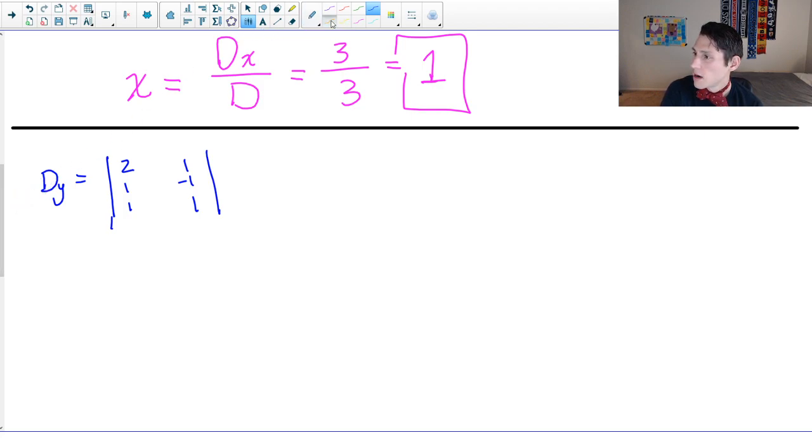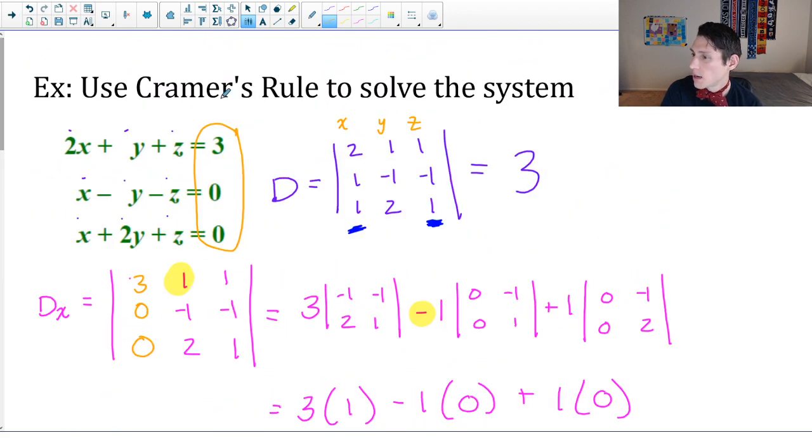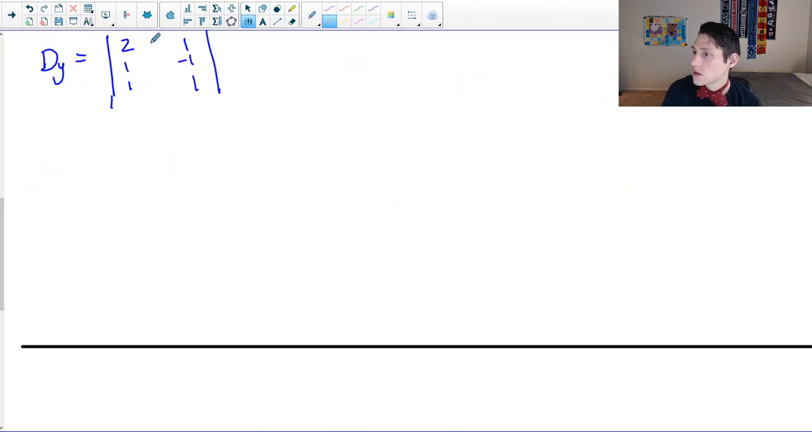But now I'm going to change the y column. Since we're doing dy, I'm going to replace the y column with that same thing that I replaced for the x column up here, 3, 0, 0, because that's the stuff that's on the right side of the equation. So 3, 0, 0.